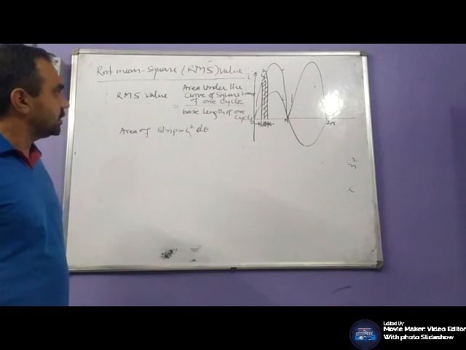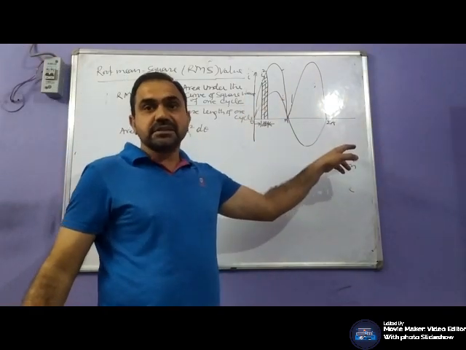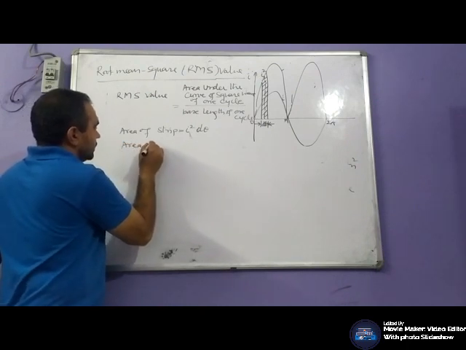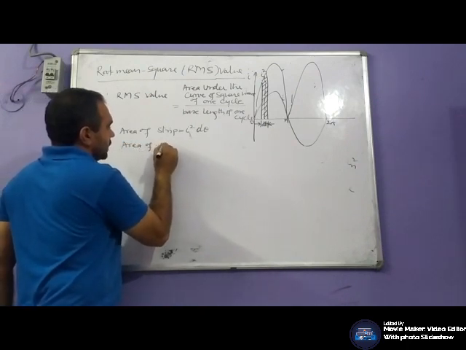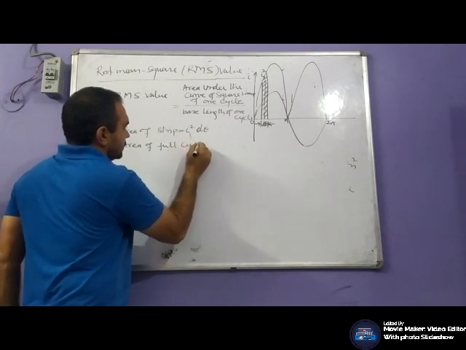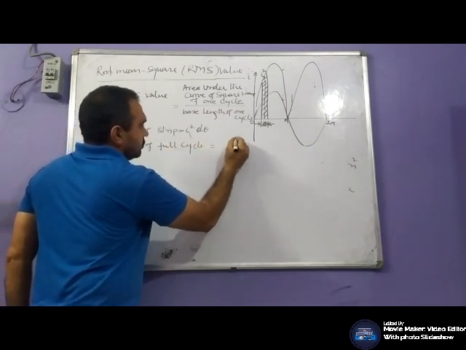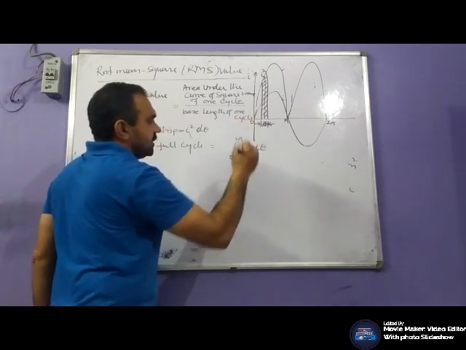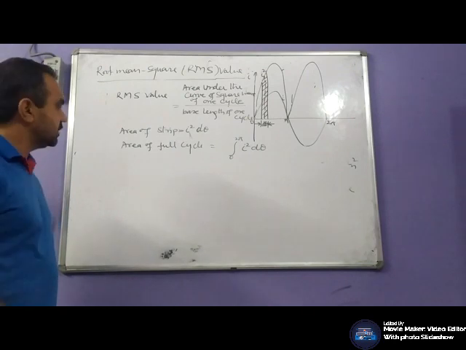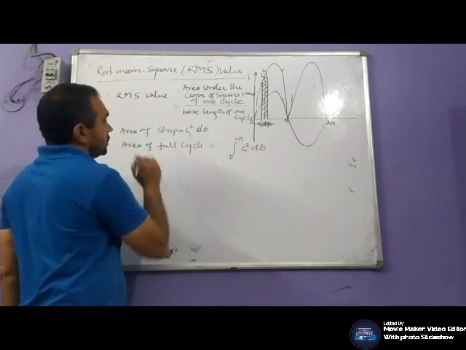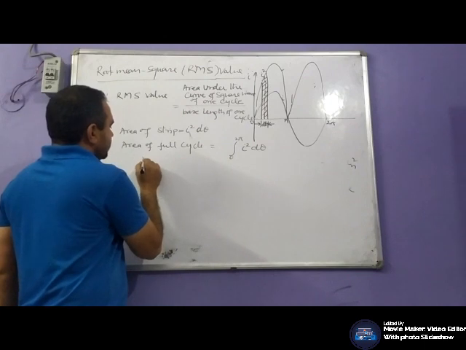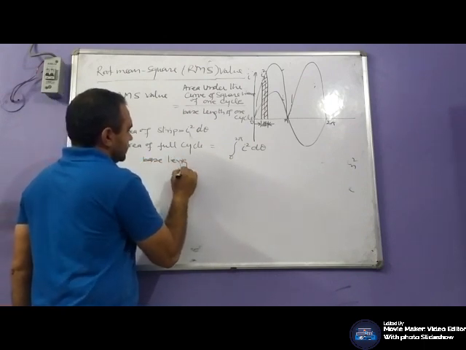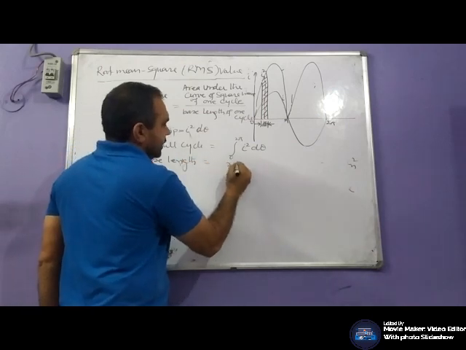Now the area of the full cycle is the integral from 0 to 2 pi of I squared d theta, and the base length is 2 pi.